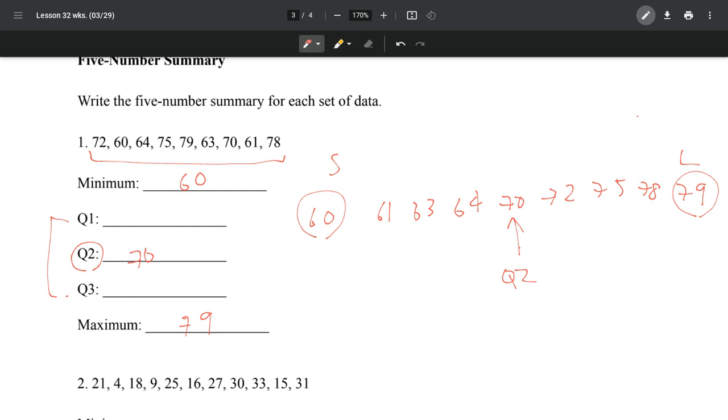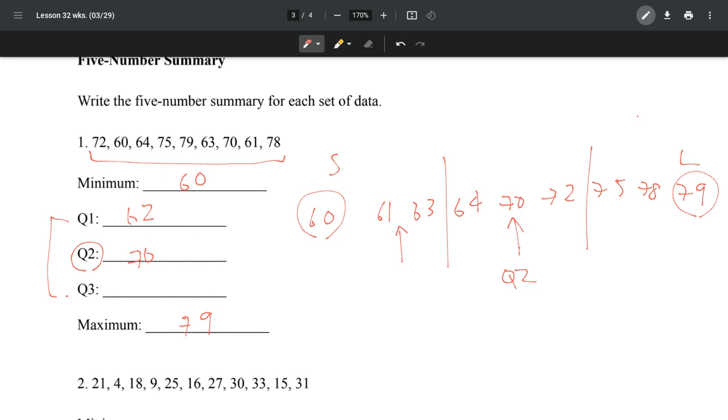So now we gotta figure out quartile 1, the first quartile, and then the third quartile. And the way we do that is we're gonna divide them up, okay? The first quartile is the median of the lower part. So the number between 61 and 63, and we know that that's 62, right?